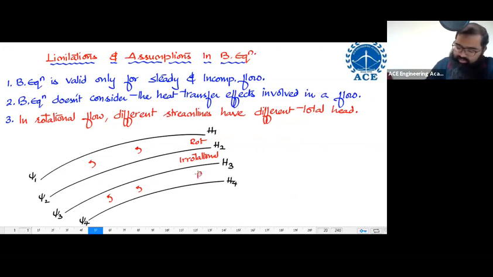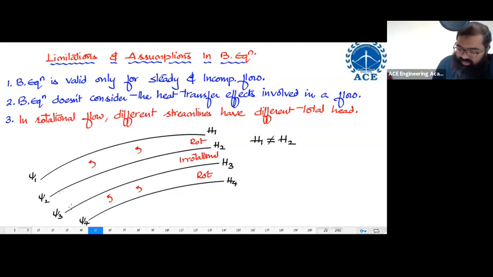Now listen to this. According to the statement, in rotational flow, let us say flow over here is rotational, different streamlines have different total head. That basically means H1 is not equal to H2, because between these two streamlines, the flow is rotational. They're supposed to have different total head.